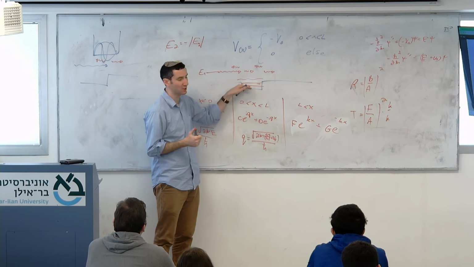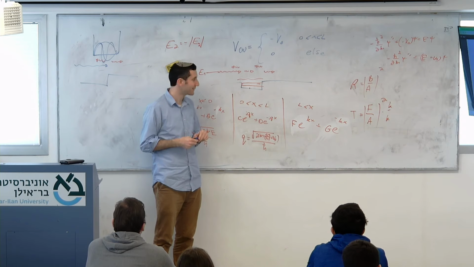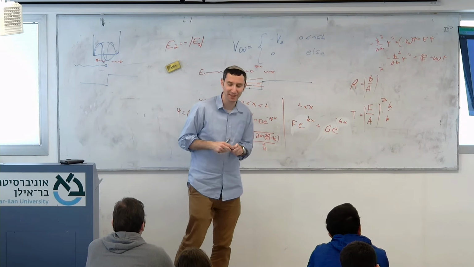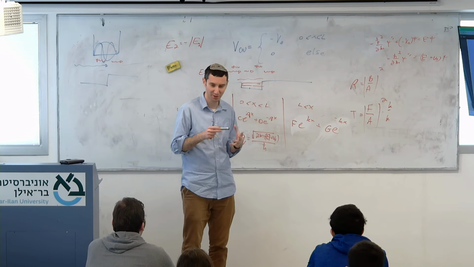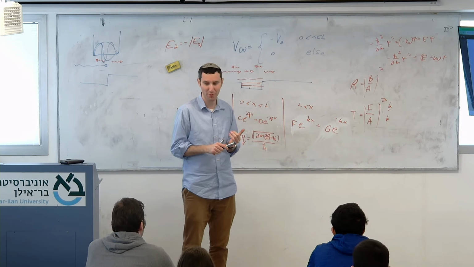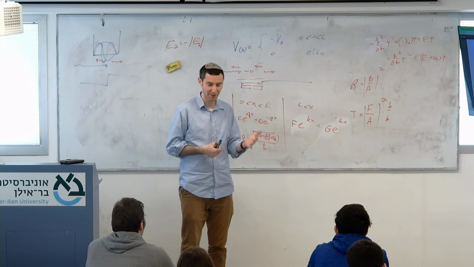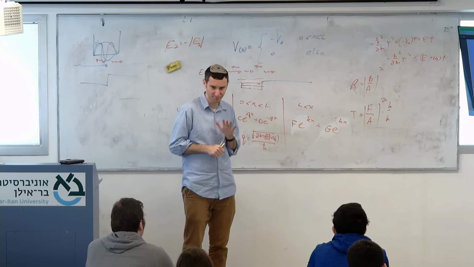There's going to be a specific set of energies that are allowed here, and finding them would be through a transcendental equation that we're able to solve either numerically or graphically. As I teach it, you'll understand what I just meant.